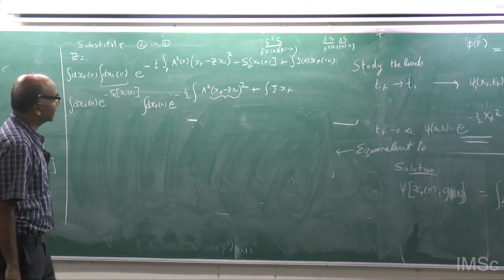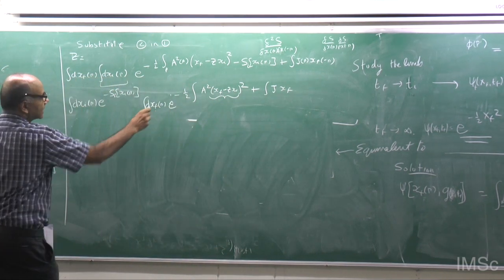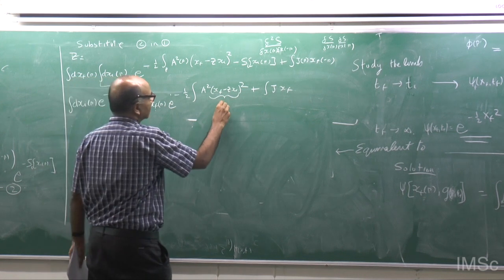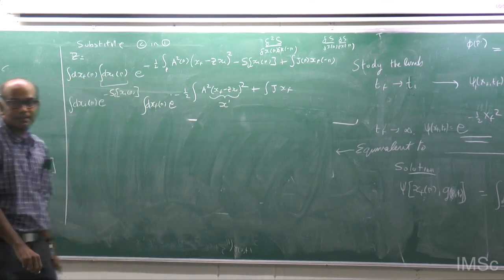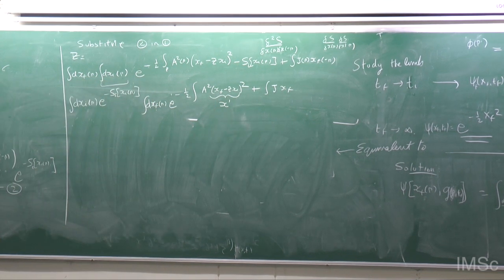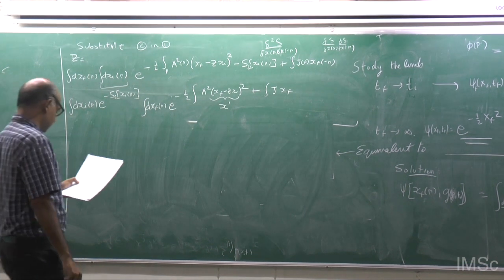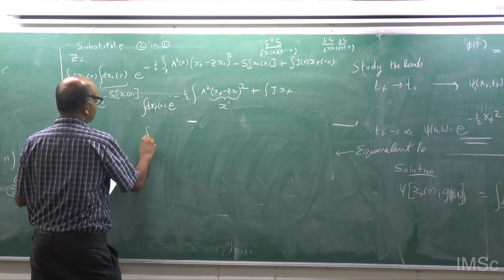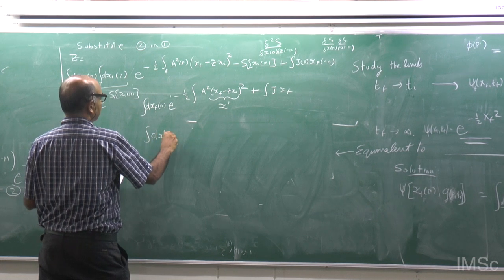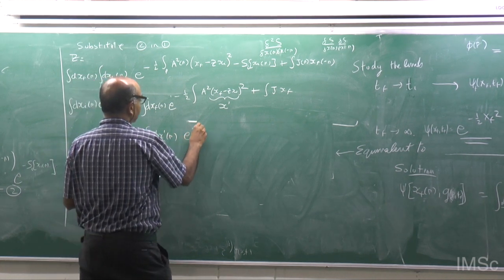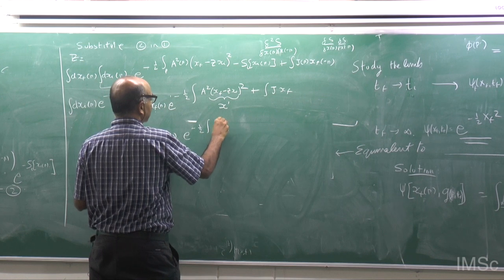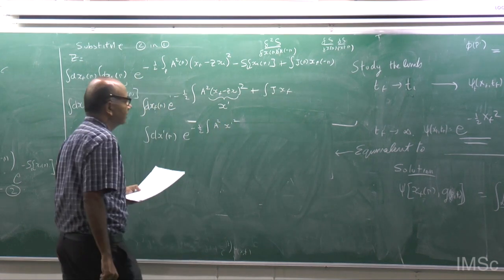so we're going to change variables. I'm going to integrate over xf, so I'll call this whole thing x prime. It's just a variable of integration. So this part will become dx prime p e to the power of minus half a squared x prime squared.